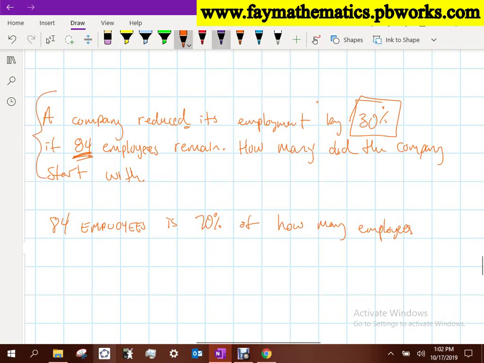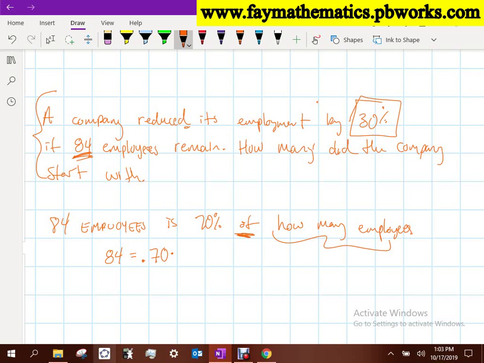Start off with what we just went through. If I have 84 employees, would you guys agree that 84 equals 70% of, so 0.70, and "of" means multiply, how many employees? Isn't "how many employees" saying what number of employees?